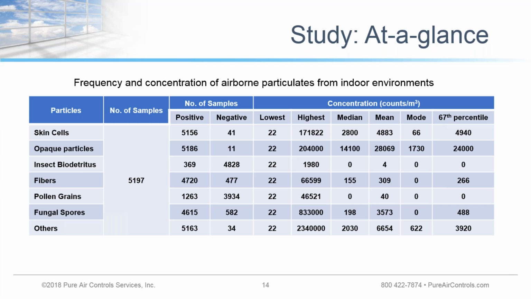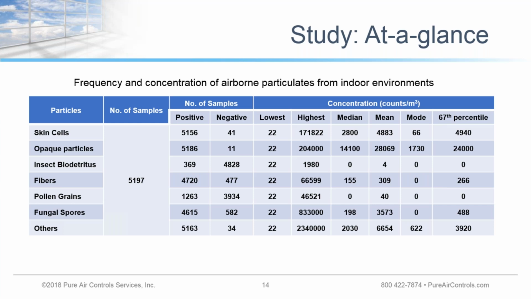And I have noticed that out of these 5,197, the positive samples are 5,156, which is a very large number, because only 41 samples were negative or devoid of skin cell. The lowest concentration is about 22 particles per cubic liter volume of the air, and the average concentration, meaning the mean value, is over 4,883, and the 67th percentile value is indicating 4,940.